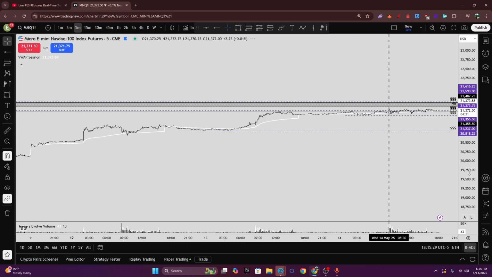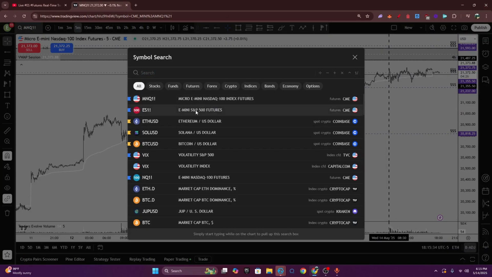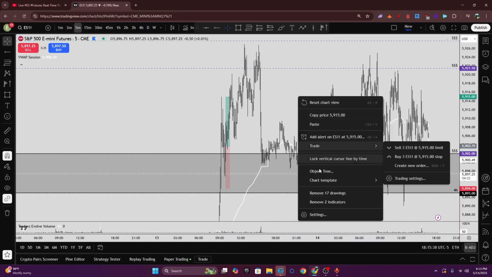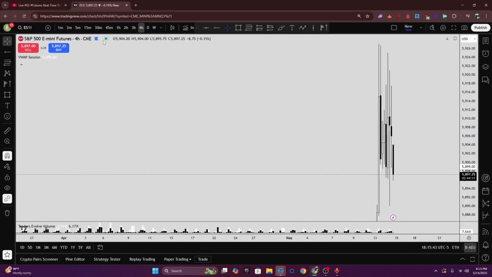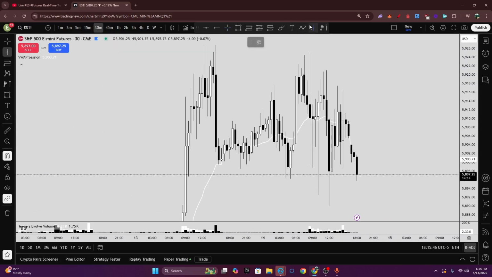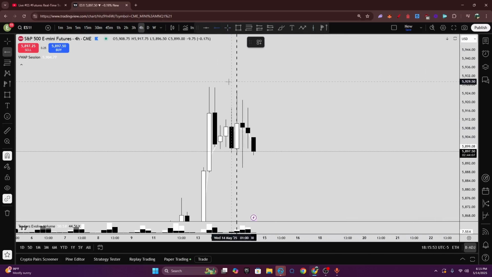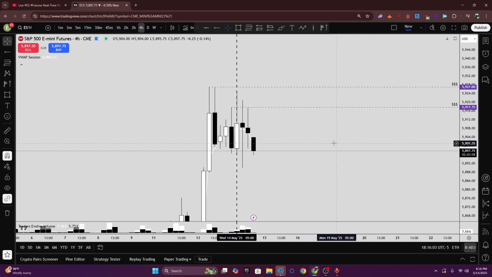Now let's go ahead and mark a structure on ES as well. Marking out the 8:30 time. Today it looks to be a very choppy type of day. Alright.